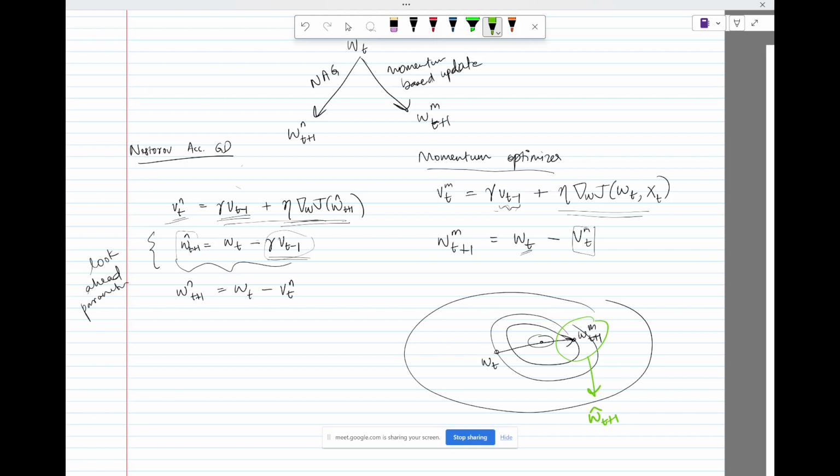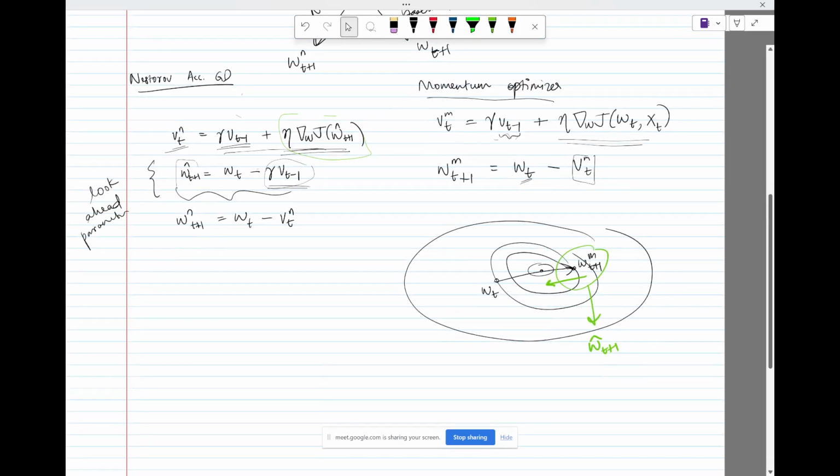will be in this region. So this step will compute the gradient in this direction. So when my momentum is asking me to go here and my look ahead step is asking me to go here, then I will stop and take a step somewhere here, right?